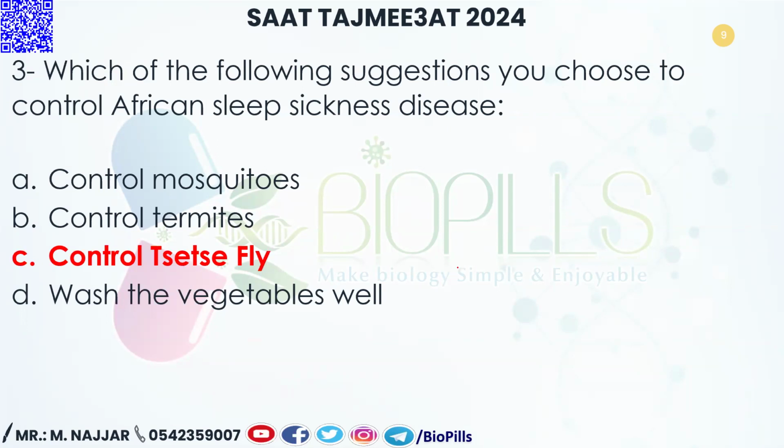The tsetse fly transmits the parasite, a trypanosome, that causes sleeping sickness from an infected person to a healthy person. So if we eradicate the tsetse fly, we will control the transmission of the parasite that causes African sleeping sickness disease.